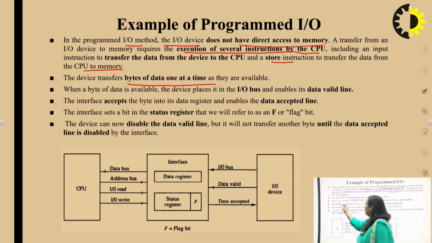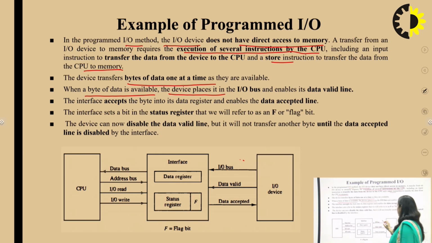And when a byte of data is available, the device places it in the input output bus. This is the input output bus. So whenever the data is available, the device places the data in the input output bus, and after that it will set the data valid line. It sets DV, meaning the data valid line, to 1.